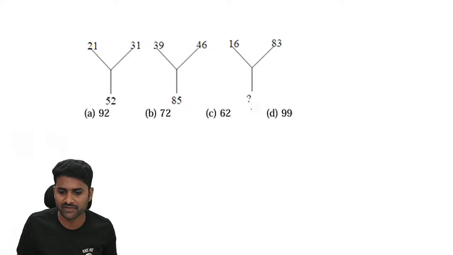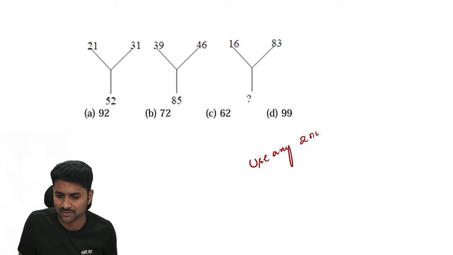Now, question number one: which number should replace the question mark? It's all about a logic here: 21, 31, 52, 39, 46, 85, 16, 83, and a question mark. Use any two numbers.